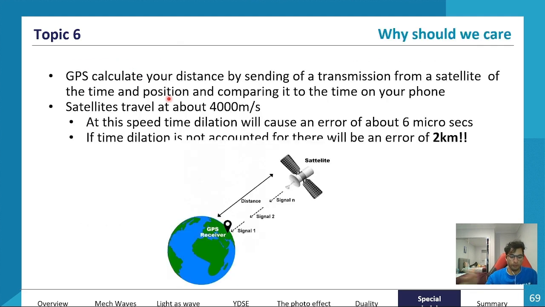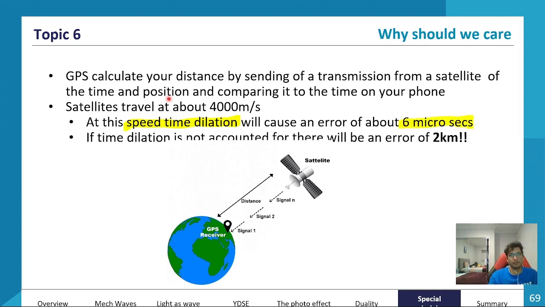And the reason why this is important actually has some real world applications, and it has to do with GPS. Because satellites are up in space and traveling so fast, if the satellite does not take into account the time dilation, the difference of time between the satellite and the Earth is about 6 microseconds.